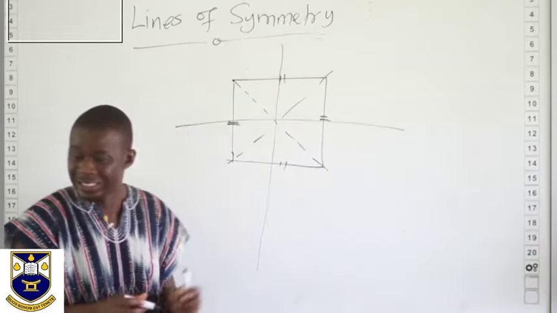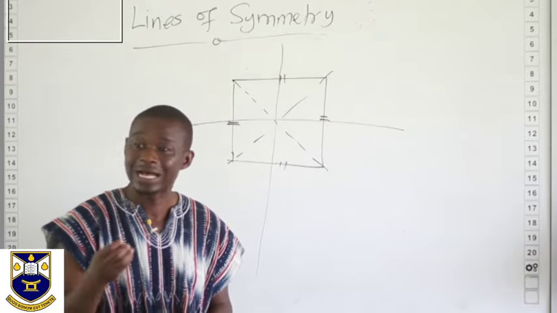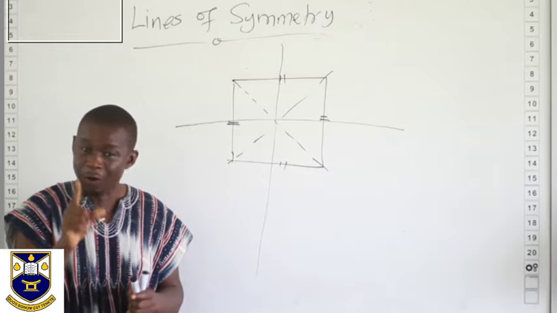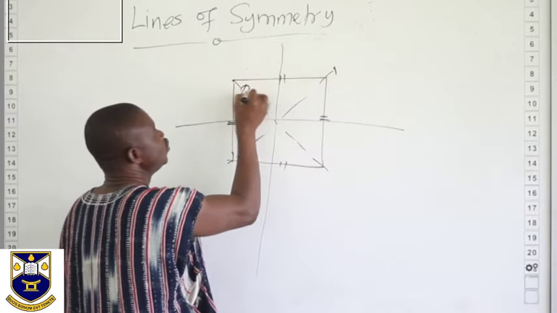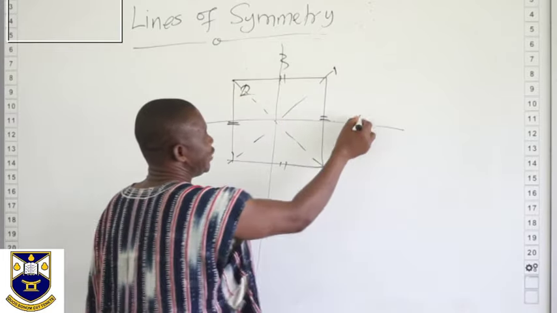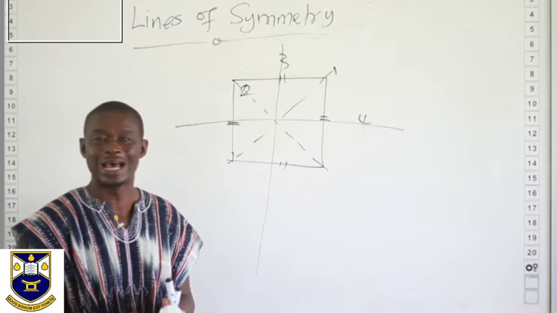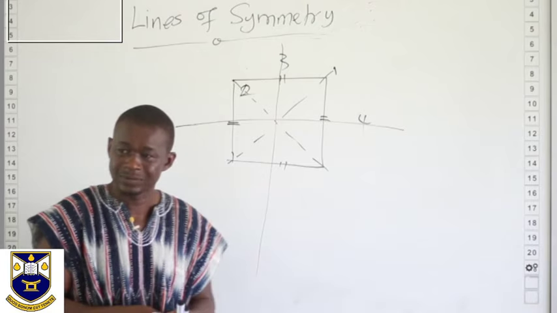So a square has how many lines of symmetry? It has 4 lines of symmetry. That is 1, 2, 3, and then 4. So a square is a symmetric figure with 4 lines of symmetry.